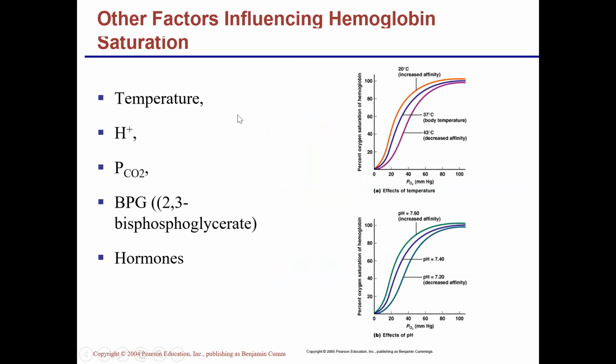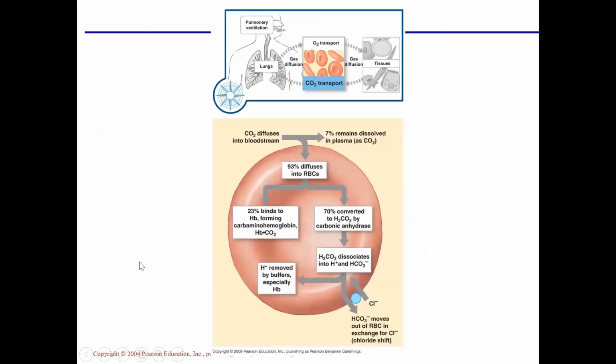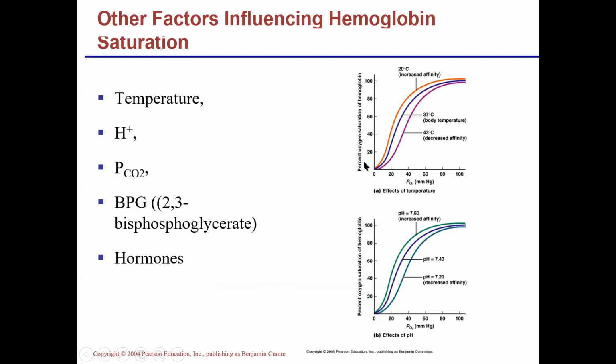And then we know factors can definitely affect this curve, like temperature, like hydrogen ion concentration, which is the pH, right? And CO2 pressure, and the BPG. This one is a metabolic waste, a product from chemical reactions, and also hormones. So let's use this curve as example.